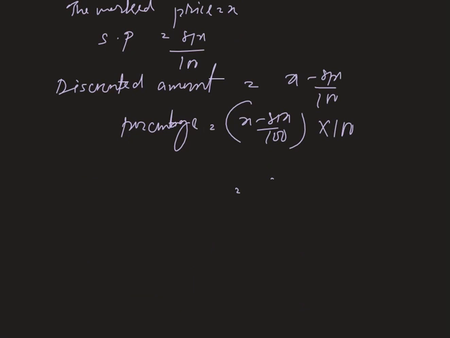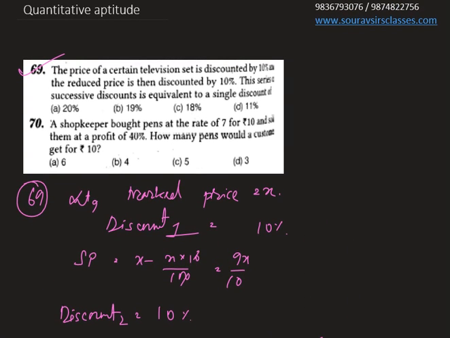That means 19x divided by 100 into 100 by x, therefore our required percentage is 19%. Hence option B is the correct answer. Now let's see the next question.